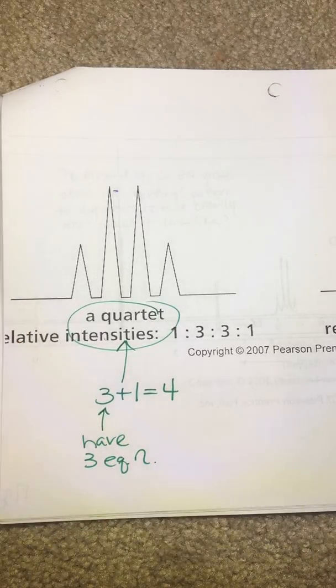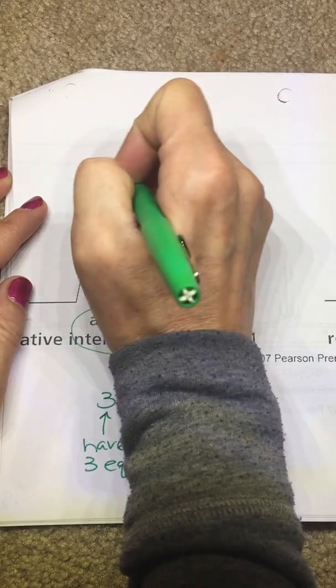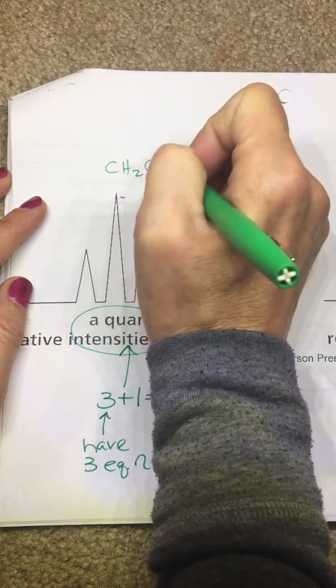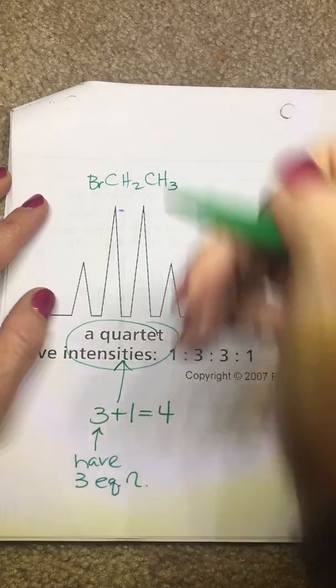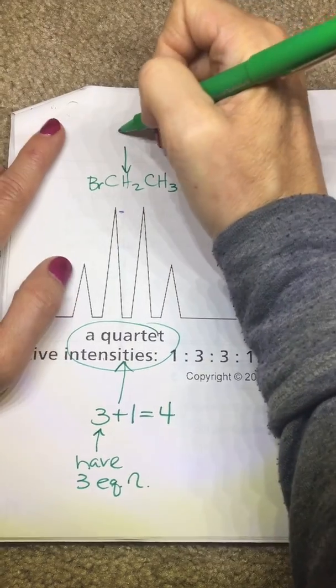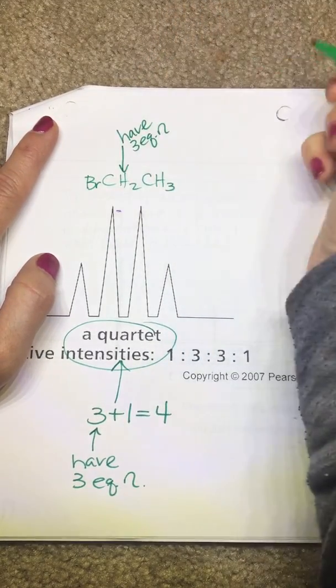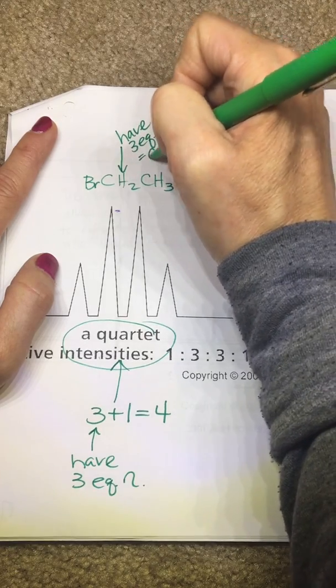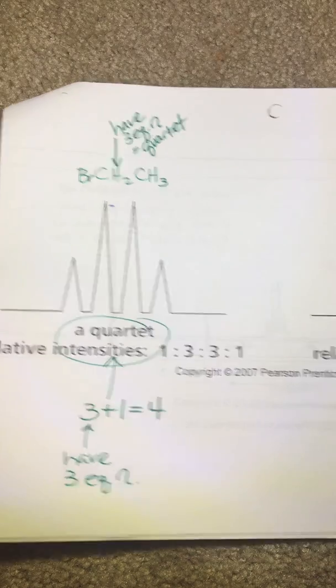So for example, if we have something like this, we would say these guys have 3 equivalent neighbors. So that would be a quartet that we would see for these ones right here.